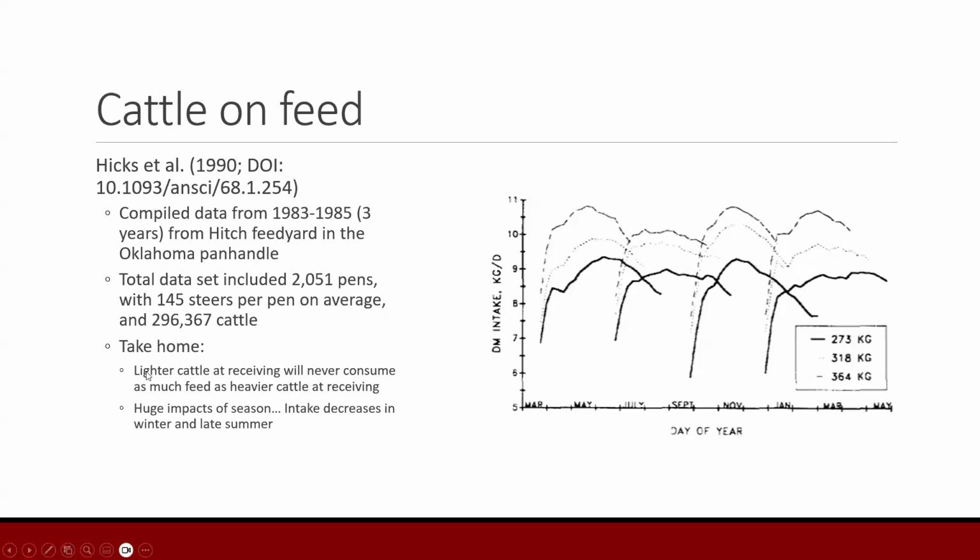Lighter cattle at receiving, same story as what we saw in the Kansas State Focus on Feedlot report. Lighter cattle at receiving will never consume as much feed as heavier cattle at receiving. And then again, there's a huge impact based off of season.